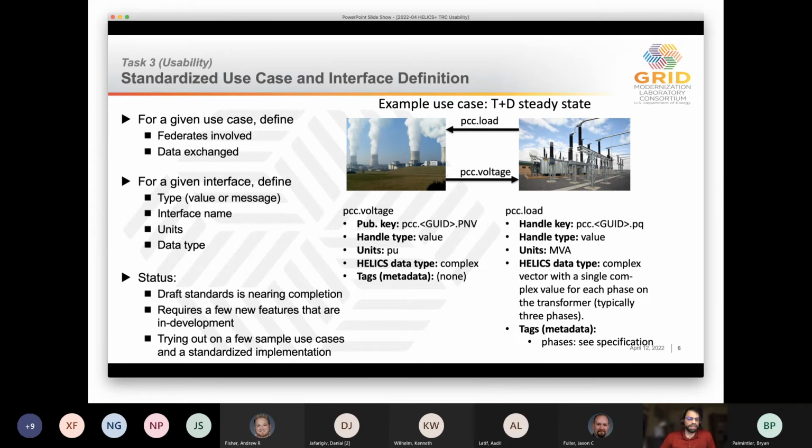To provide a little update on where we are in the development, the draft standard is nearing completion. As I've mentioned, we've redone it enough times that it feels like we're honing in on the right set of information that needs to be specified. As we've been pushing on this ourselves, we've realized that if we want to do it this way and want that kind of flexibility, we're going to need new features in Helix.